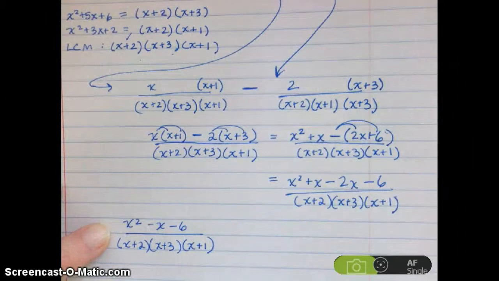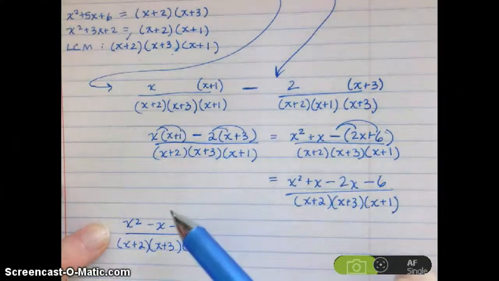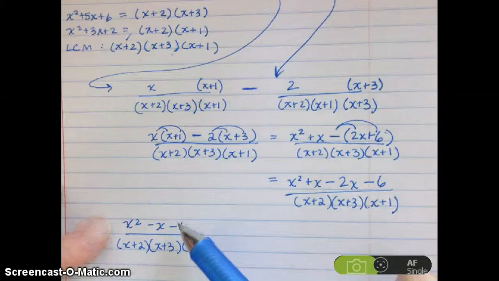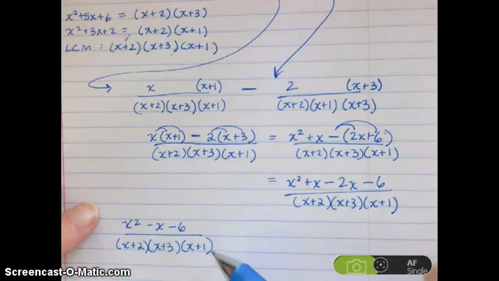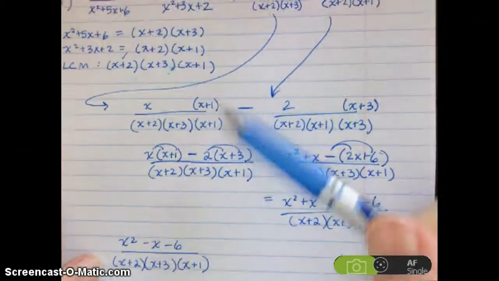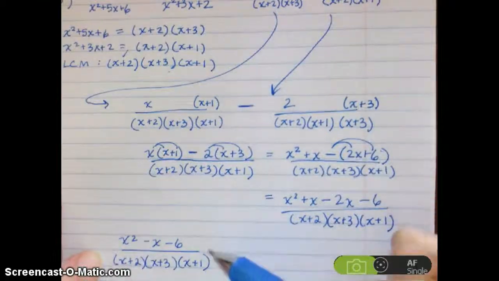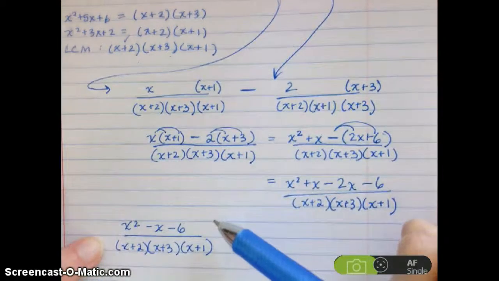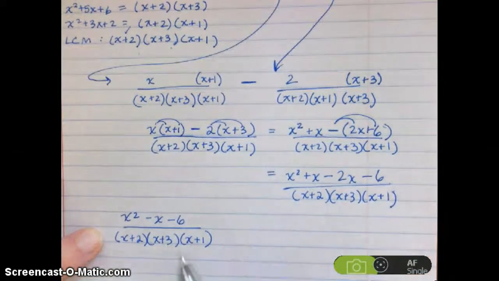Now we always want to reduce our fractions to lowest terms. We need to check if there's a common factor to cancel out in the top and the bottom. I'm canceling out at the very end of the problem. You'll want to avoid canceling out too soon. Looking for common factors, so I need to factor my final numerator.